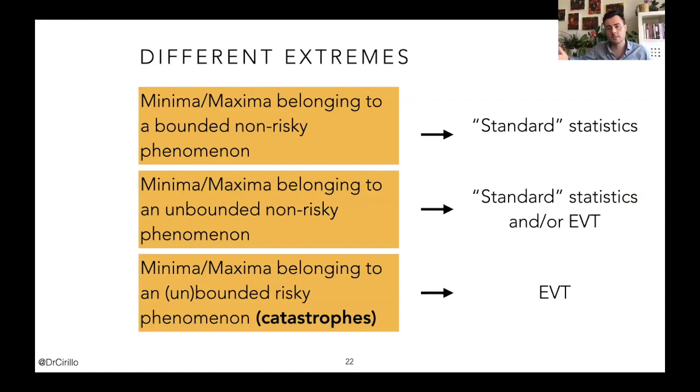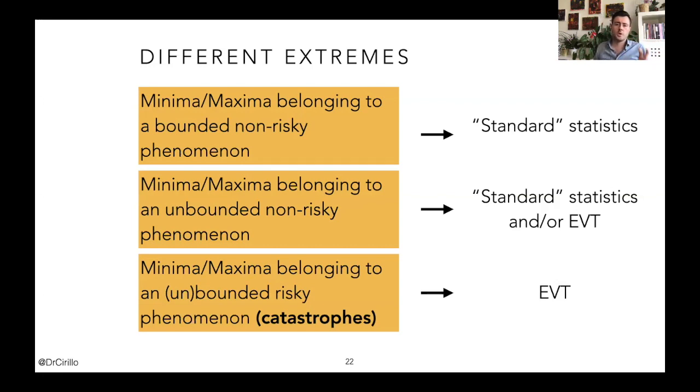Depending on the class, we can say what type of tools are better used. But without even introducing the classes for the moment, we can distinguish three main situations. Obviously the lines between the different situations are a little bit blurred, but to simplify, there are three situations.